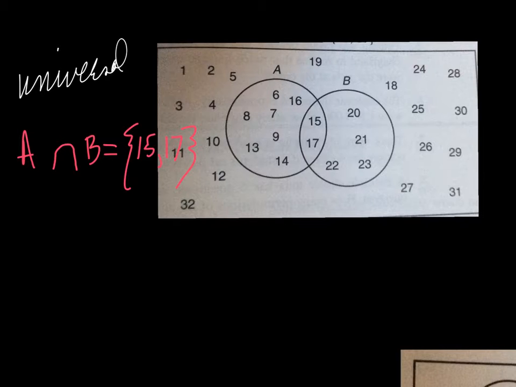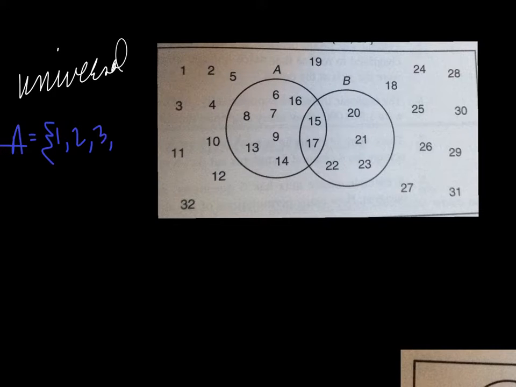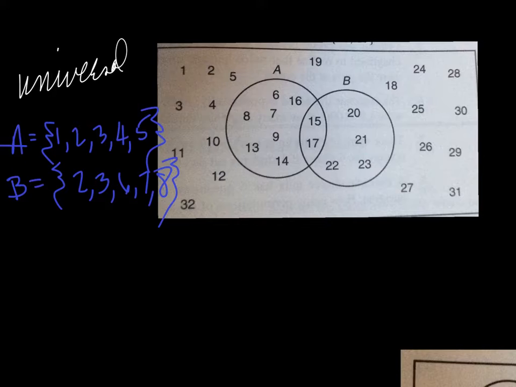If I didn't have a drawing, and let's say that I just had a list of numbers. So I had A equals the set 1, 2, 3, 4, 5. Alright, so we're not even looking at the picture right now. And B had those numbers. And I wanted to find out what A intersects B is.